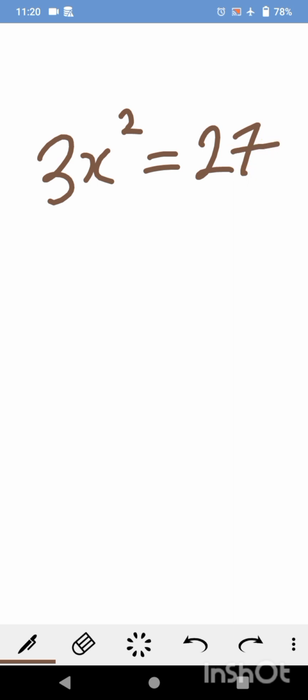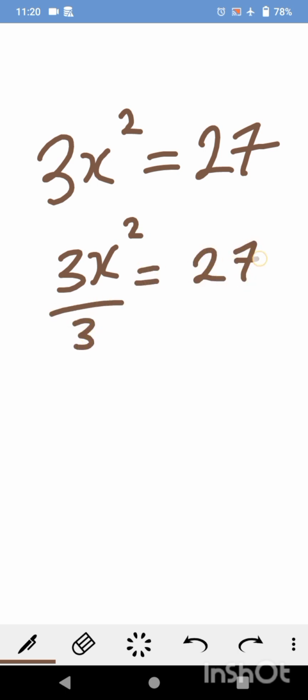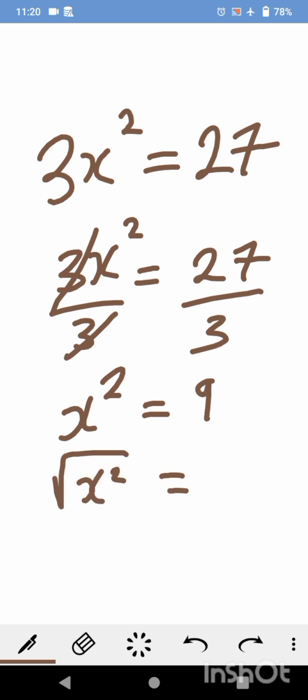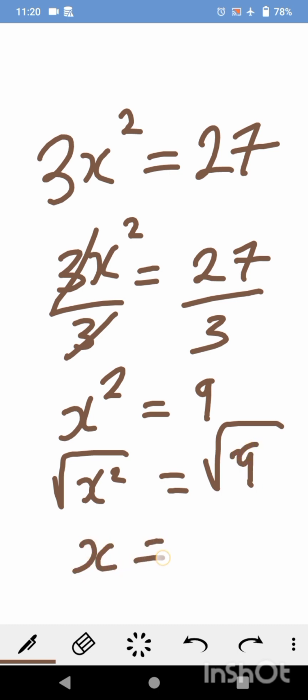Now the first thing we need to do here is to divide both sides by 3, and that 3 goes into 3. x squared will be equal to 9. From here we square root both sides, and our x will be equal to plus or minus 3.